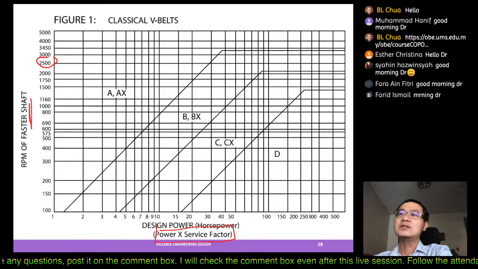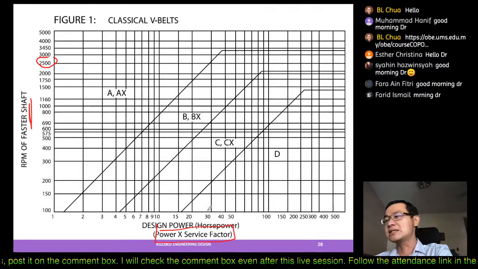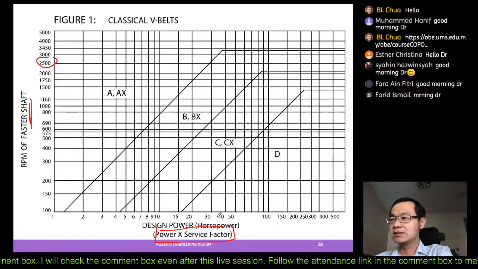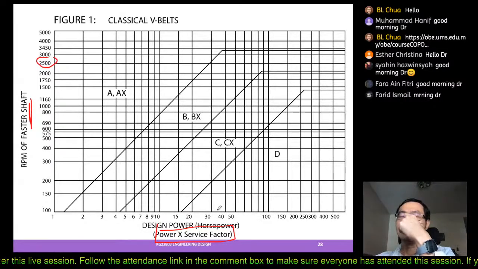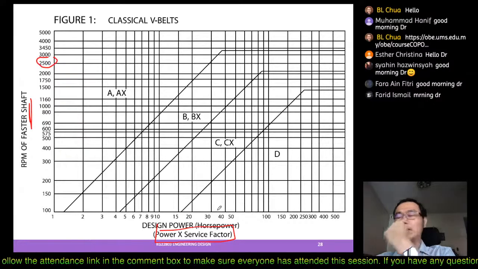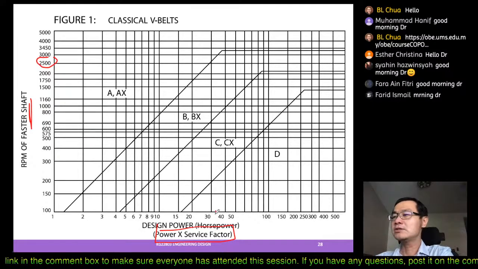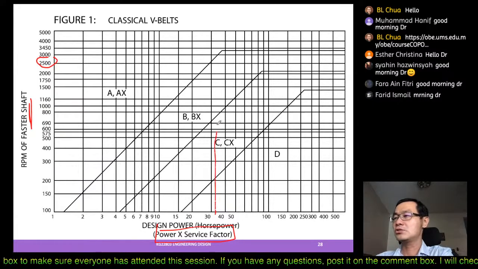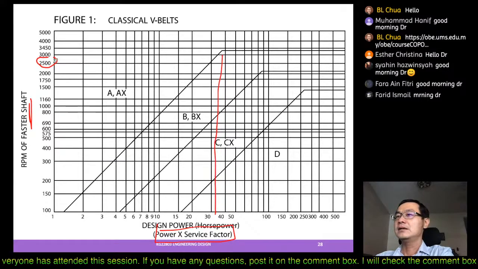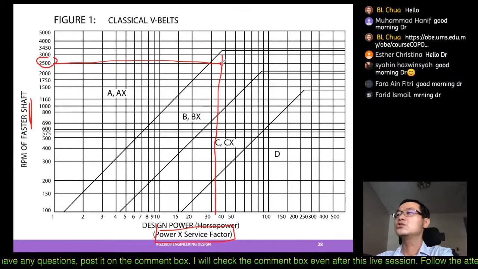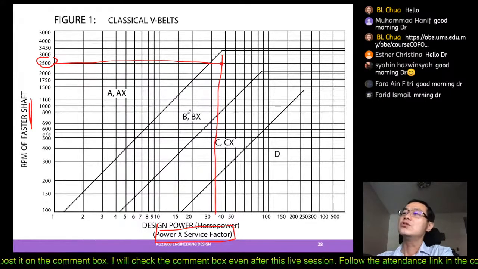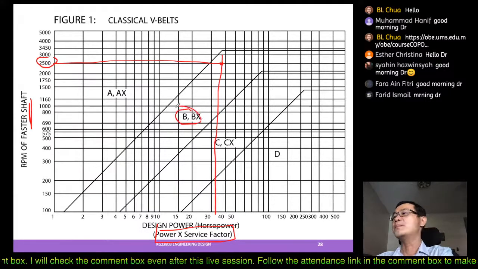Or maybe we use back the previous example, 33 horsepower instead of kilowatt. So 33 is over here, we just draw a line, intersect them, and it falls to this category. So this chart tells you we should select B or BX type.